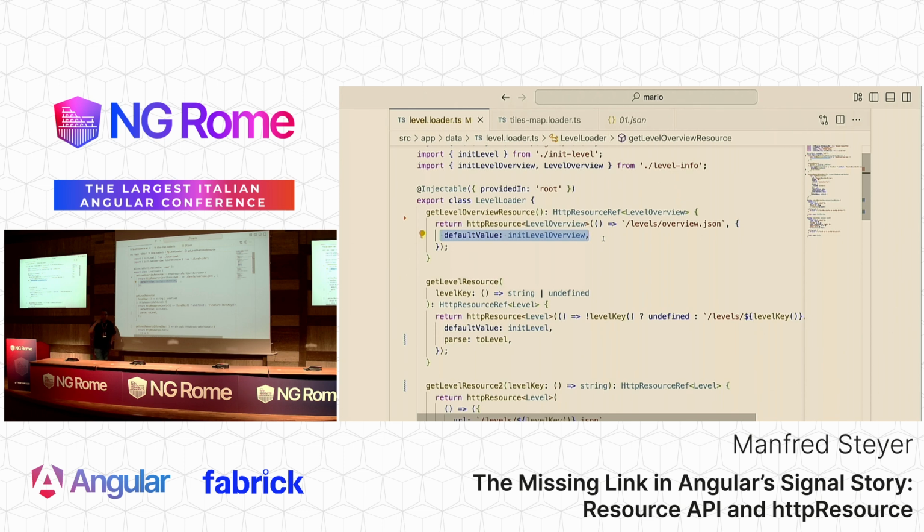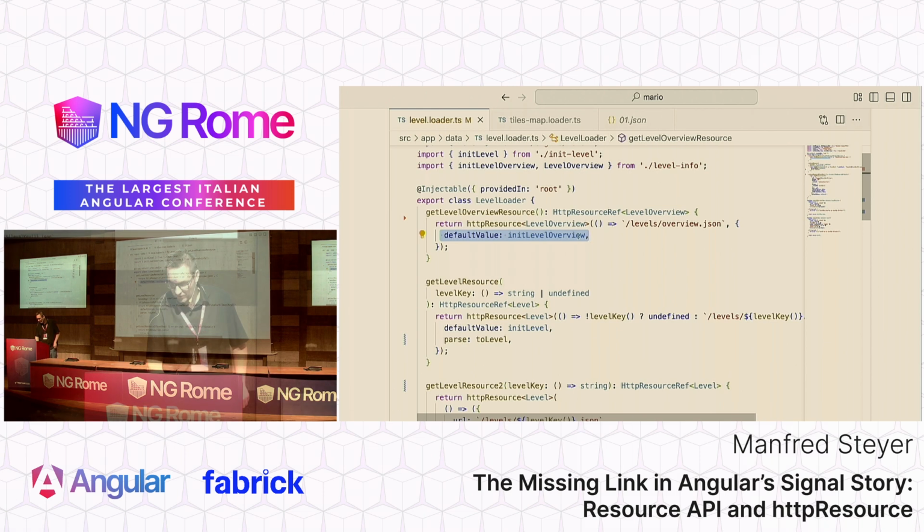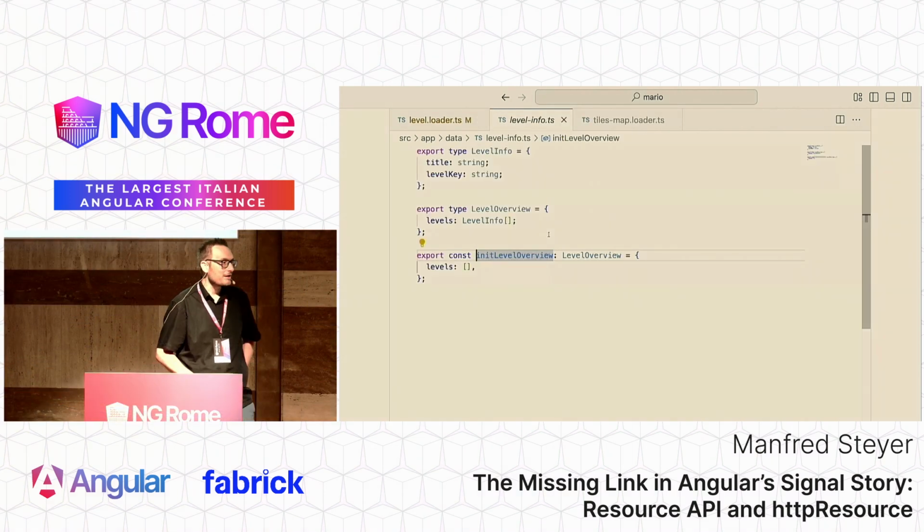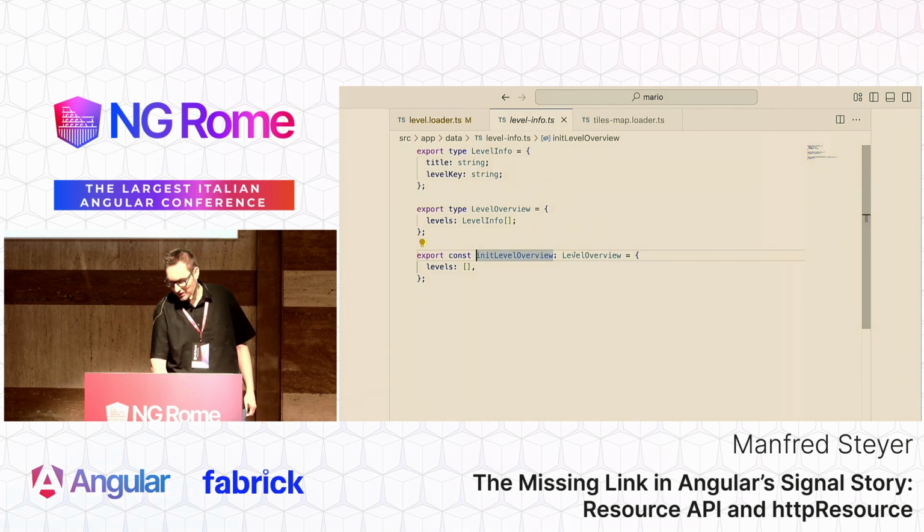You always need this special if, and if you forget about it, the compiler yells at you or you have an issue at runtime. That's why usually I have now dummy objects for all of my resources. If you did state management in the past, you know this game, you know that everything is better than undefined. Also here, object with an empty array.